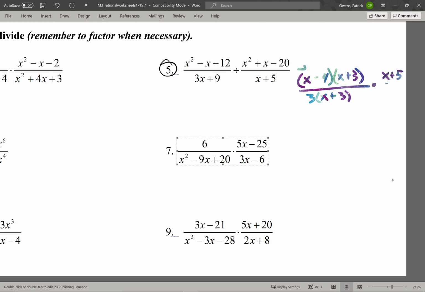So the reciprocal, we take our old numerator, becomes our new denominator, and our old denominator becomes our new numerator. And we can factor that x squared plus x minus 20 to x plus 5 times x minus 4. Oh no. All right, we are off the page. But that's an x minus 4.